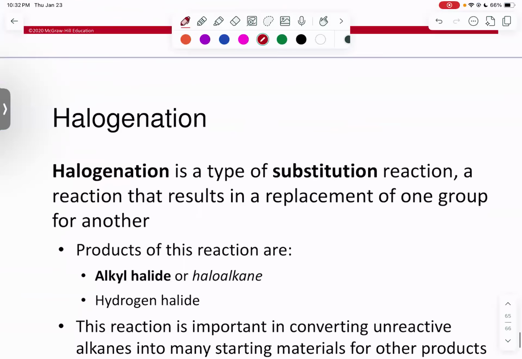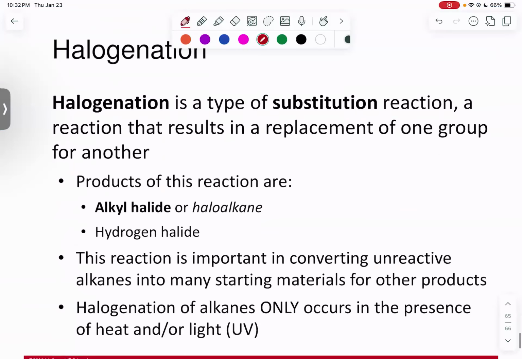Do not do that. Okay, halogenation is called a substitution reaction, where we're replacing a group, in this case a hydrogen, with another, which is a halogen. The product is going to be an alkyl halide or a haloalkane. Either way, it's the same thing.